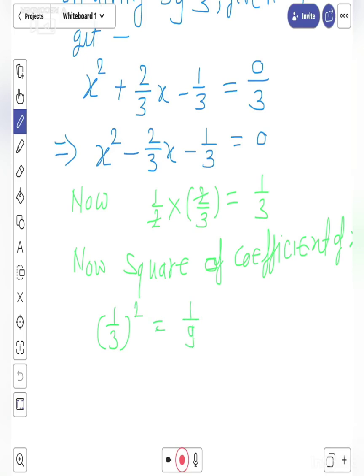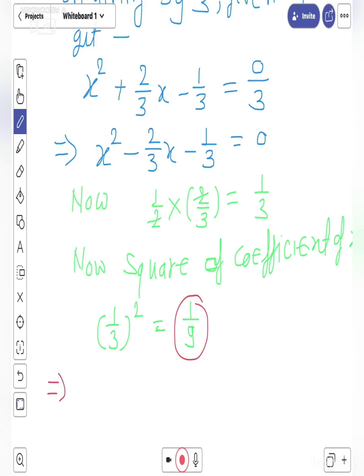You will get 1 by 3 whole square equal to 1 by 9. So in the third step, what to do? In the third step, you will add and subtract this 1 by 9 in the given equation. You will add this 1 by 9 in this equation and also subtract it. So what will you get?